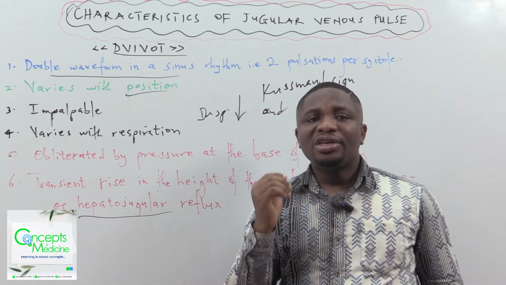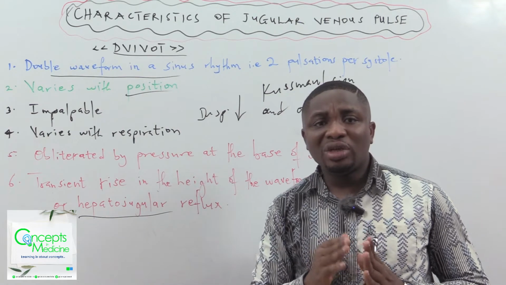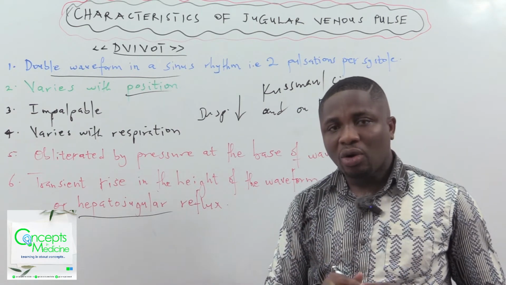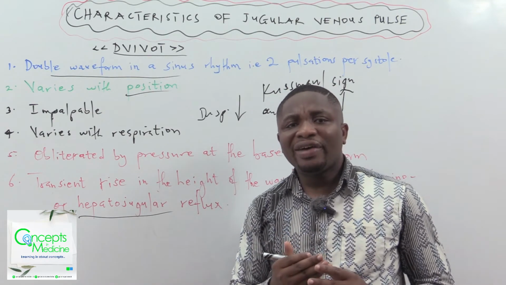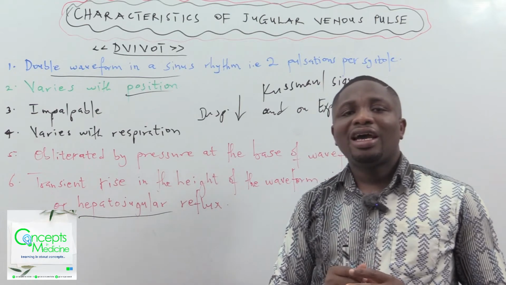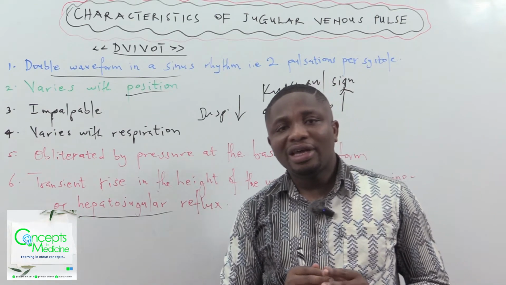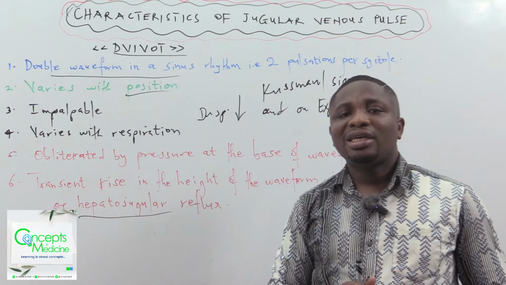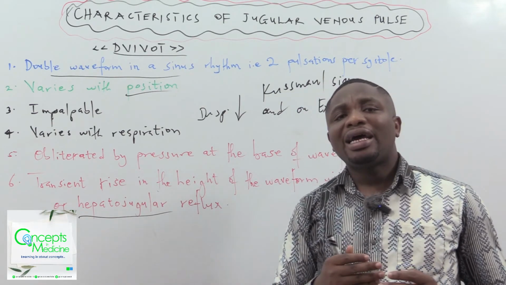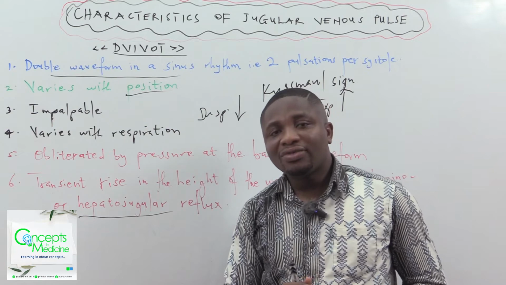But if the rise lasts for at least 15 seconds, or the rise in the jugular venous pressure is in excess of 3 centimeters of water, then we call that a positive hepatojugular reflux.